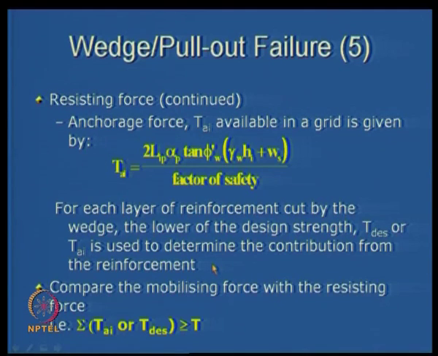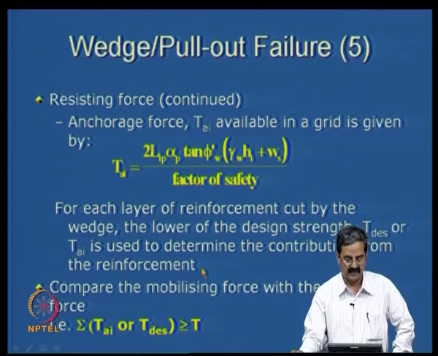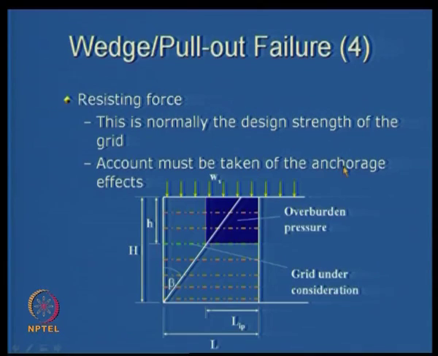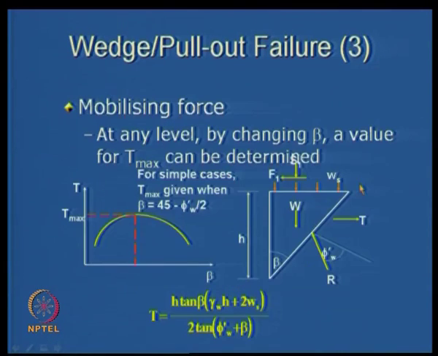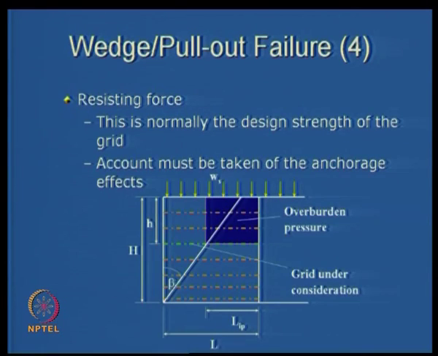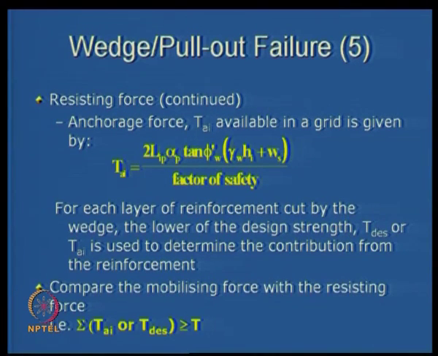So, what we do is that we calculate whichever is lower, and then we compare the mobilizing force to the resisting force. What I said in the previous section was in terms of the wedge failure stability, and this is in terms of the anchorage, and the previous case was in terms of the tension.